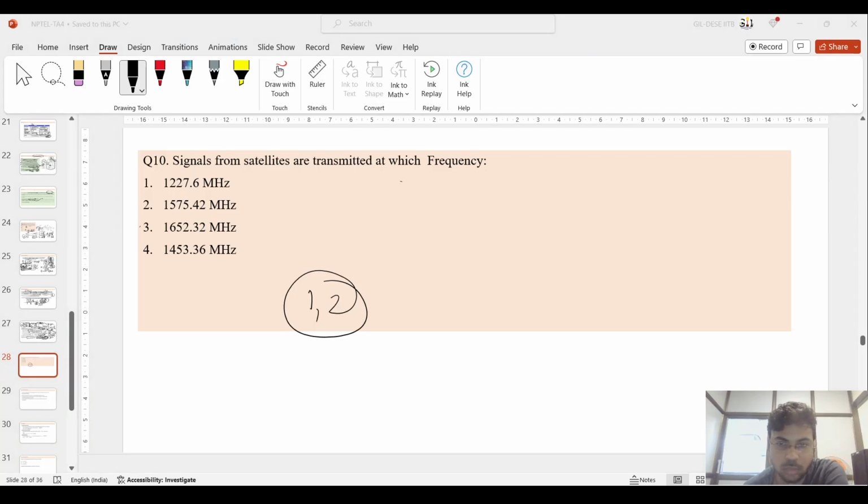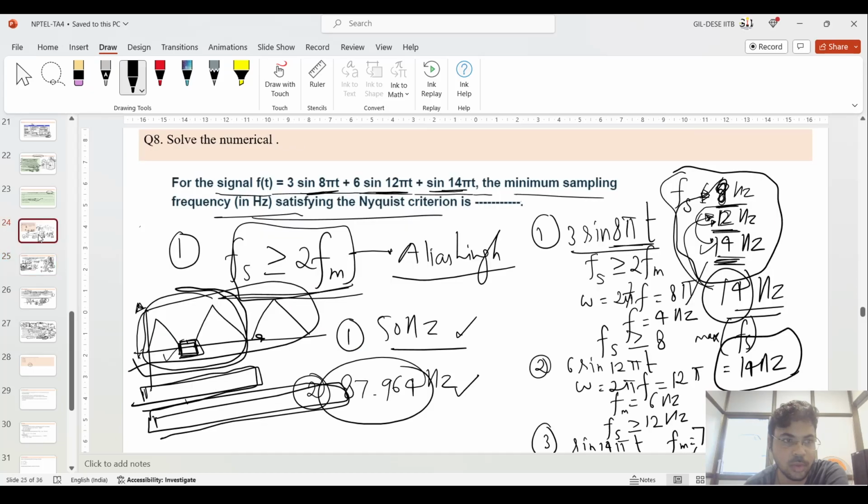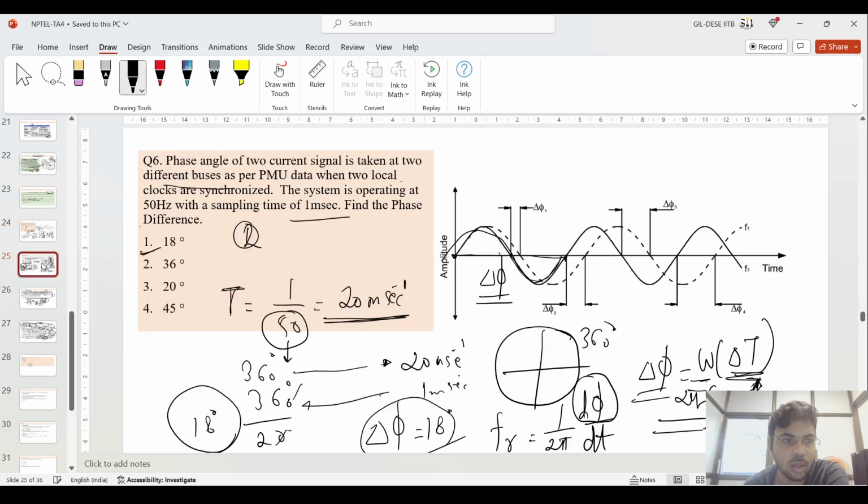Anybody else? Okay, Sibna is saying 1 and 2, or Ritika is saying 1. Okay, anybody else? The last question, FM is 500 or 5000?